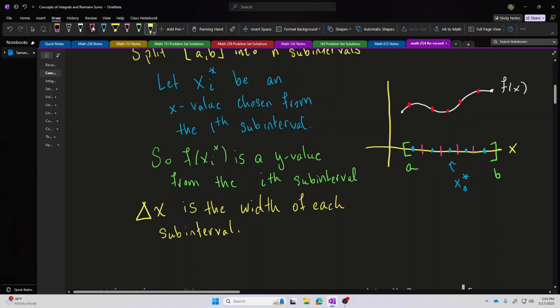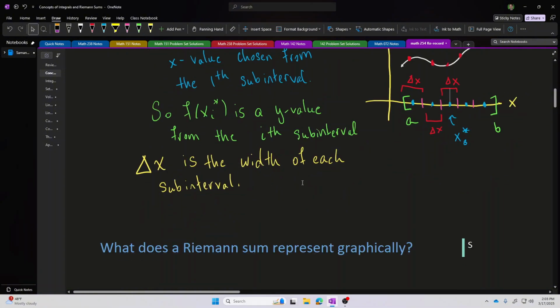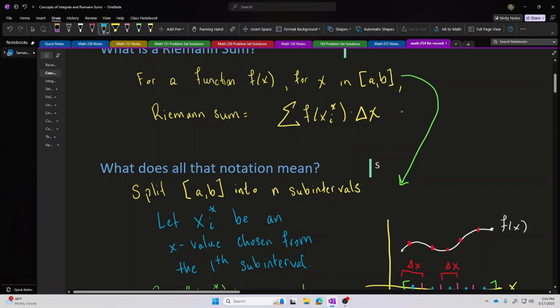So in this picture, for example, delta x would be the size of this gap right here. It would also be the size of this gap right here. It would also be the size of this gap right here, and so on. Delta x is the width of the different subintervals that you have created. Finally, the notation sigma is just telling us to add all of these terms together.